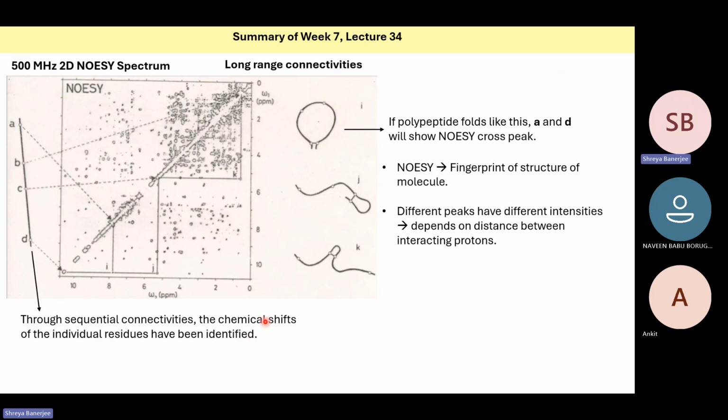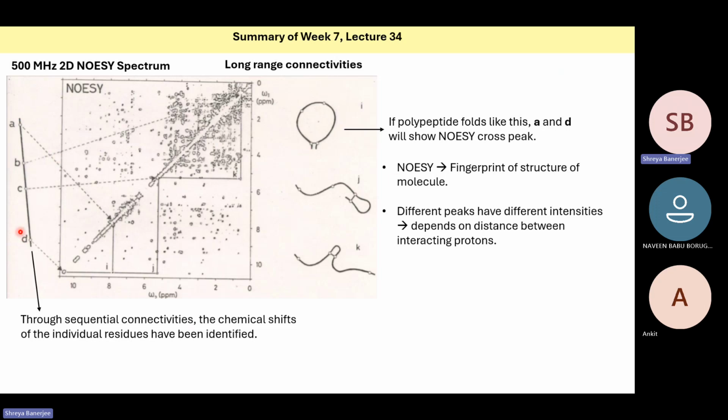That has already been identified through sequential connectivities. Now, suppose this chain is folding in this manner so that the terminal residues are coming close to each other, like A and D. So A and D will show a long range NOESY.